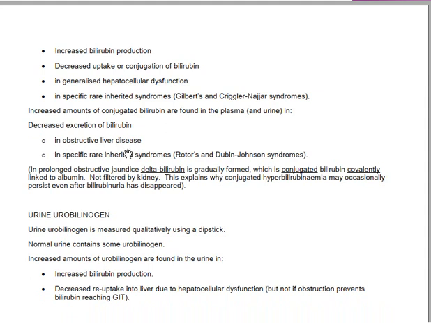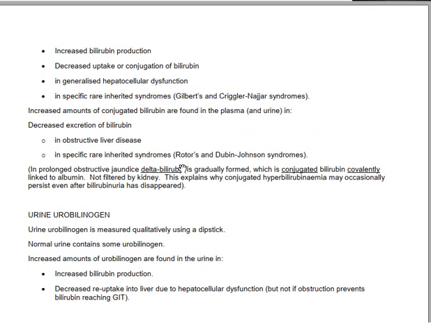So you need to know, in specific, you have also specific rare inherited syndromes like the Rotor syndrome and the Dubin-Johnson syndrome. The Rotor syndrome is a syndrome where you have a disorder; both of them have a disorder of the transport of the conjugated bilirubin from the hepatic cell into the biliary canaliculi.